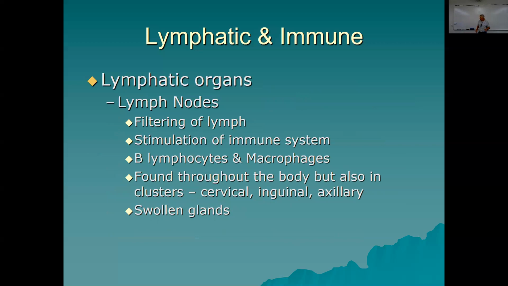Then lymph nodes. These are really important in filtering lymph, and we're going to find out that when you have bacteria or viruses entering your body, they often end up in lymph because they cause inflammation and cause fluid to leave capillaries, and these things are flushed into lymphatic capillaries.